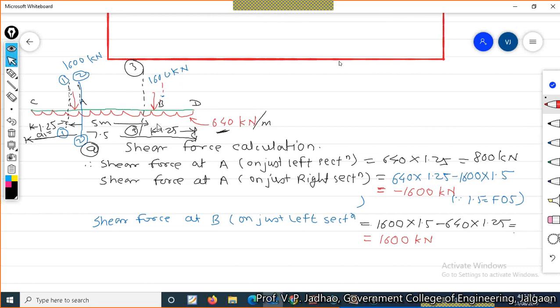Now, the right hand side of this section B. So let us consider this as section number 4. Therefore, shear force at B, and section is on right side.